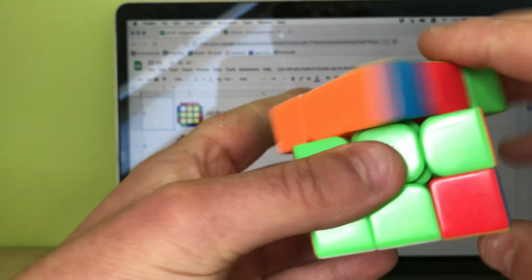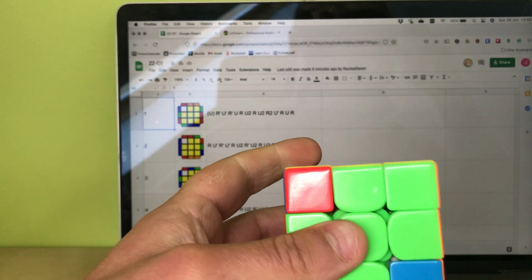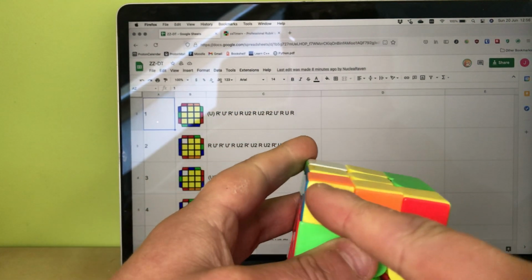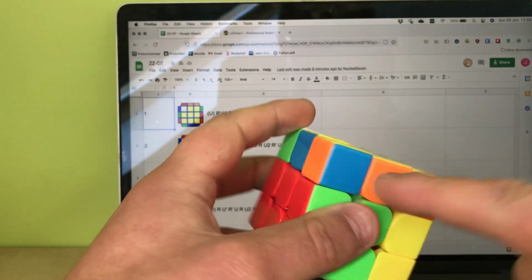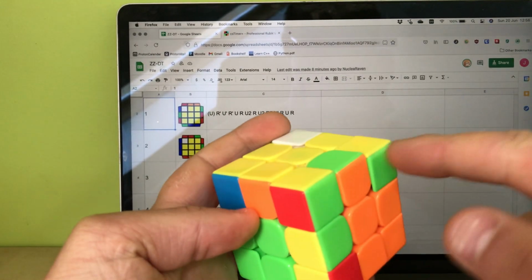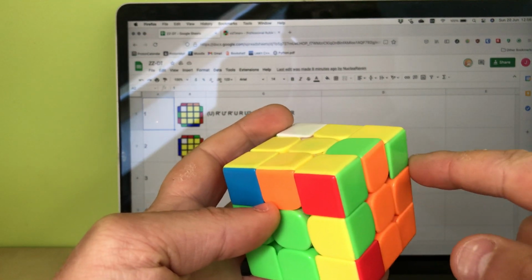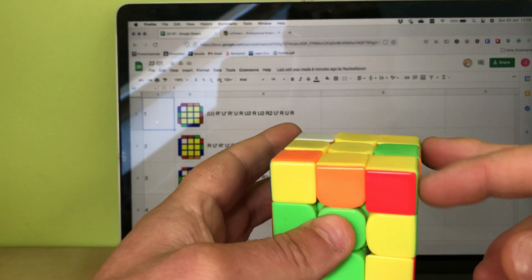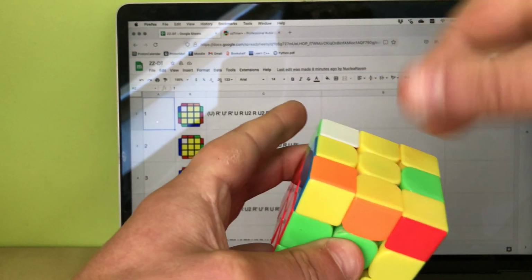Let's go through this. So here we have, if I twist this here, they are adjacent and they are solved. So to get this, I need to do a diagonal swap in the top layer.